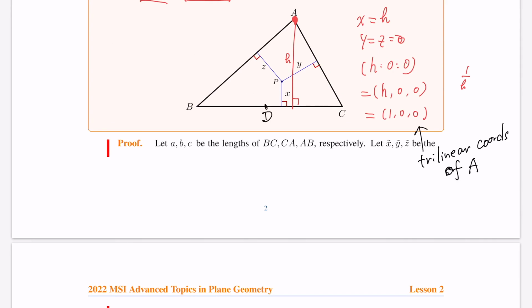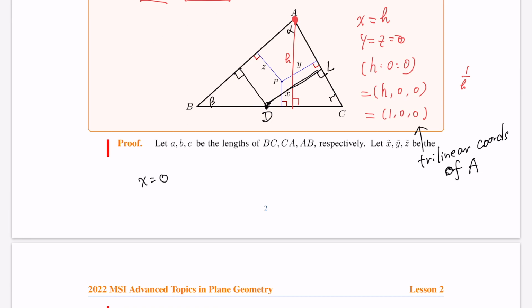Okay, how about, let's say I have a midpoint D of BC. What are its trilinear coordinates? The distance of D to BC is equal to 0, so x is equal to 0. And the distances of D to AC and AB depend on the angles. Let's say this angle is gamma, this angle is beta, this angle is alpha.